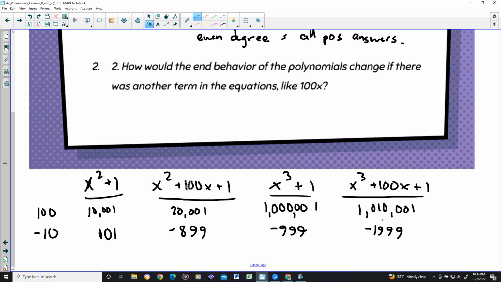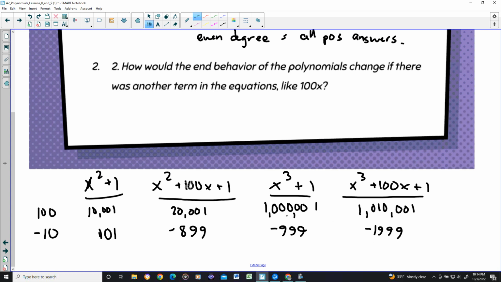So here's the thing about this. It's not so evident with the negative 10, but look at the 100. Does the 100x term really do a whole lot in this expression? For the negative 10, yeah, it does. But look at 100. This is more important. It's going to make a positive number more positive. With x to the third, that 100 to the third power is so big that adding a 100x term doesn't really change it that much.